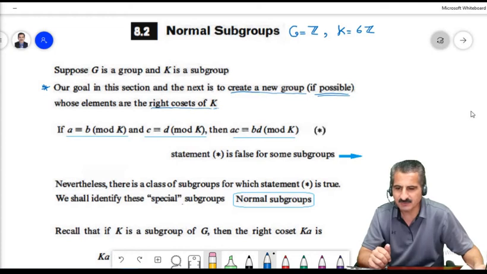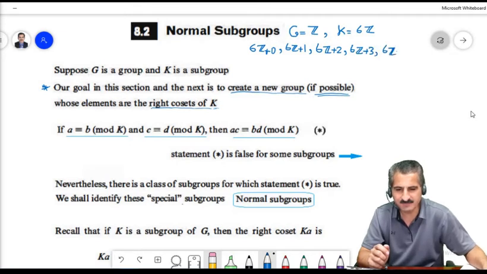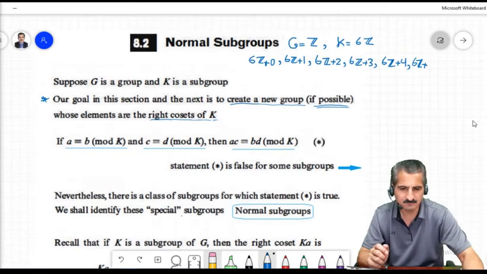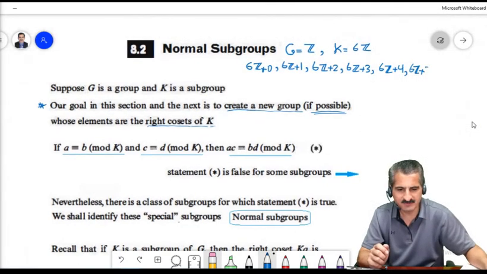So you remember what we have done: 6Z plus 0, which is 6Z itself, 6Z plus 1, and we have studied these things in a very detailed manner. 6Z plus 3. So all these are the cosets of 6Z, 6Z plus 5.